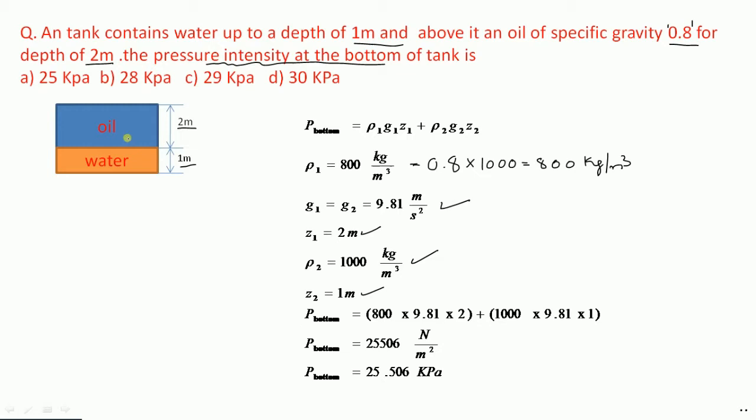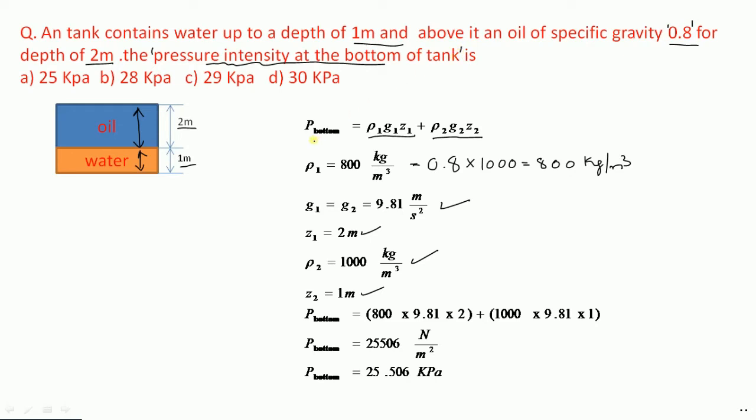So here we can see in the diagram this height has a pressure of rho 1 g Z1, whereas for water we have a pressure of rho 2 g Z2. So they are asking about pressure intensity at the bottom of the tank.